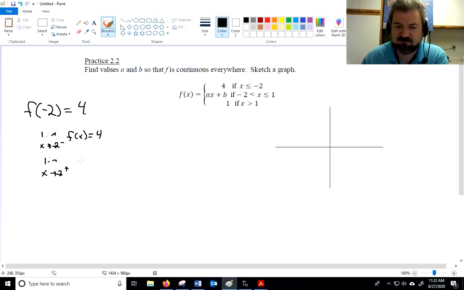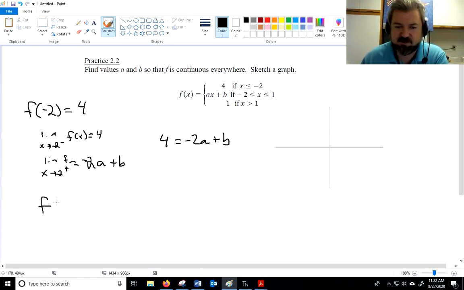So x is -2 using direct substitution. So it'll be f of -2, -2a plus b. I just moved the x value in front. All right, so we've got that needs to equal 4. So I would say we have one equation there. We have -2a plus b equals 4.